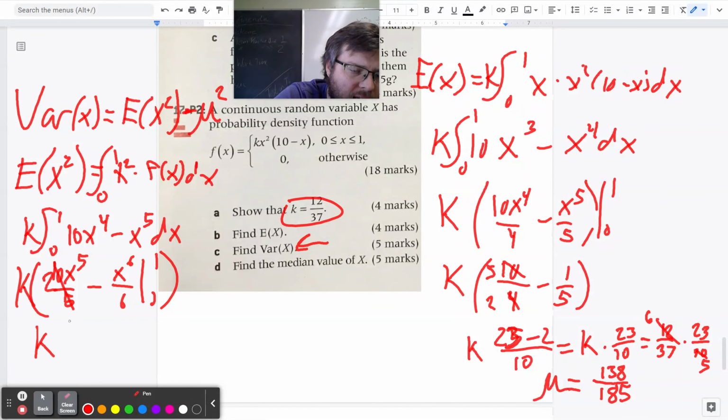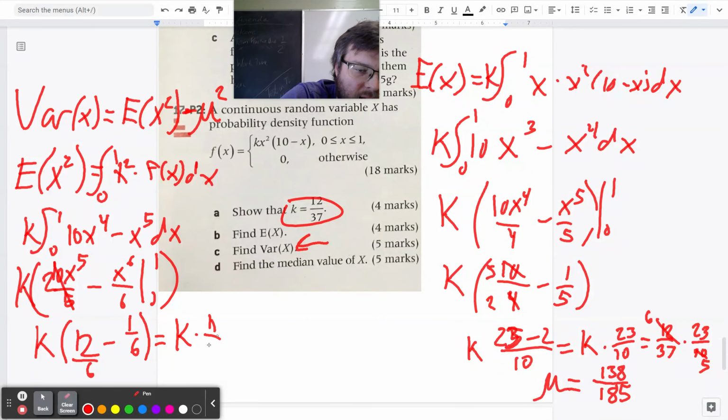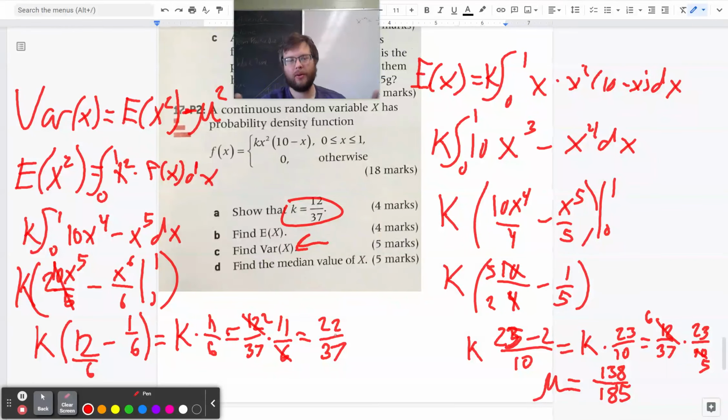So we have k times 2 minus 1 sixth. That's 12 sixths. So that's 11 sixths. So k times 11 sixths. And let's actually substitute k is 12 over 37. It's 11 over 6. So we get 22 over 37.